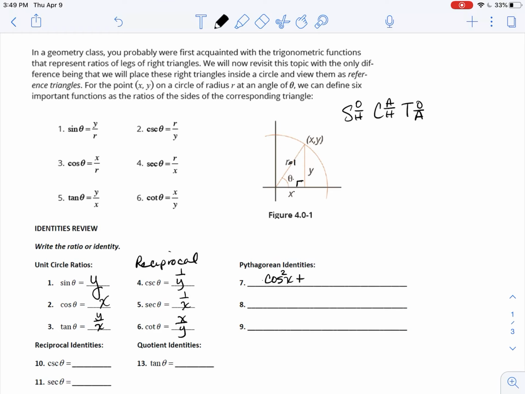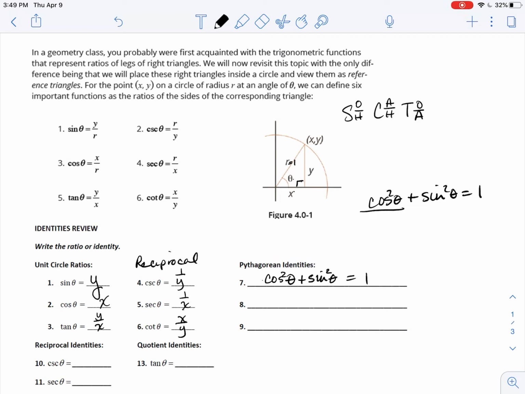And so if x is equal to cosine theta, this is just cosine squared theta, the y is equal to sine theta. So again, with our Pythagorean theorem, this would be sine squared theta. Let me change that to a theta. And since this is the unit circle, it equals 1 unit.